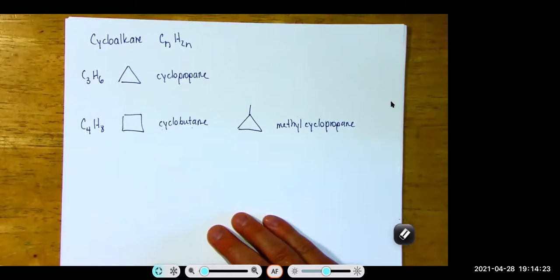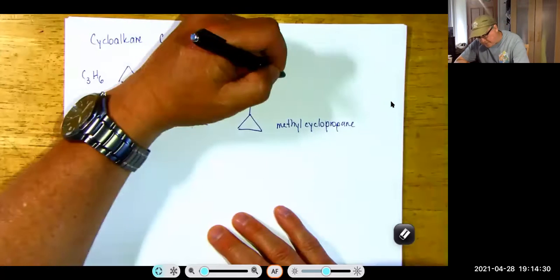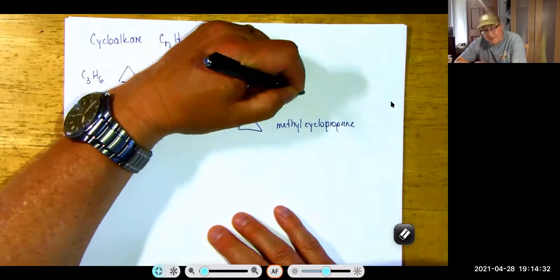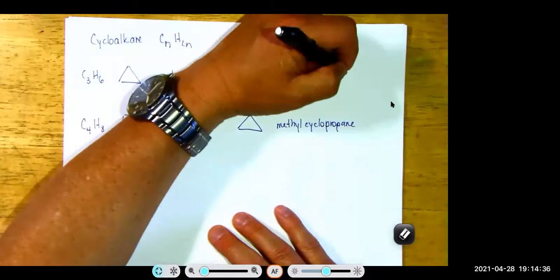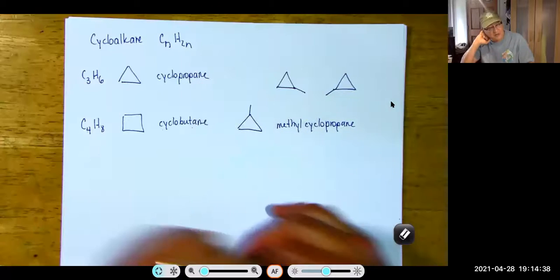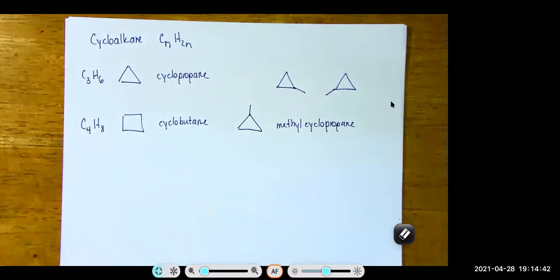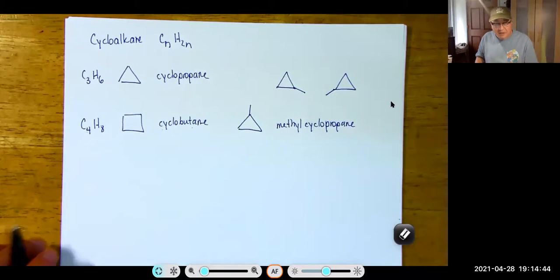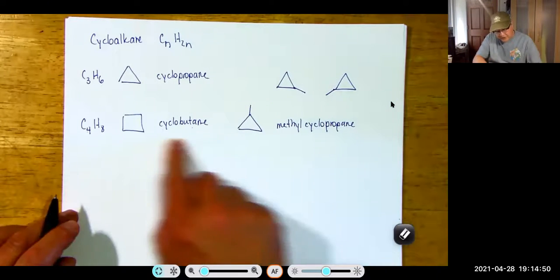It's either on carbon 1, 2, or 3. Carbon 1. What if I drew it this way? Carbon 1. If I drew it this way? Carbon 1. So it doesn't matter how I draw it, that methyl is on carbon 1, period. So these are the two isomers of C4H8.